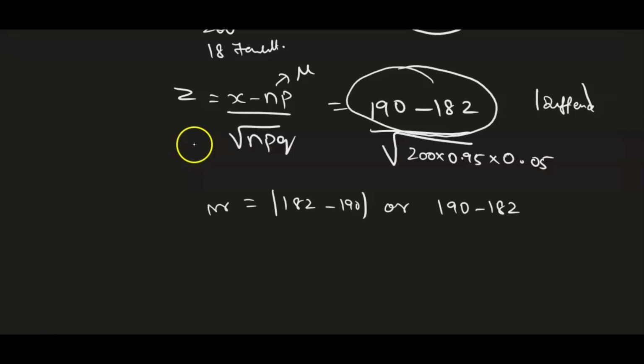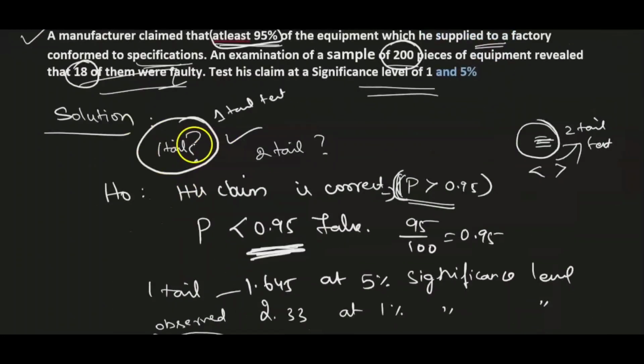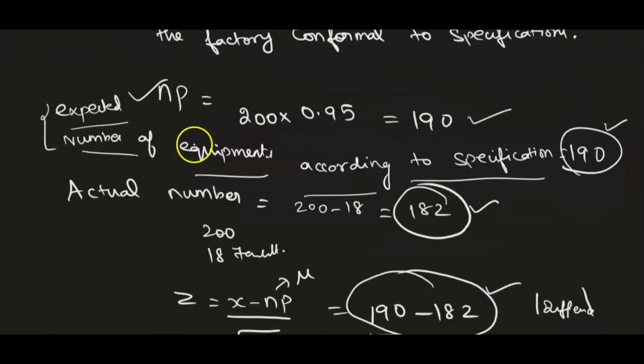So this is the numerator. I will write Z is equal to X minus NP, that is 190 minus 182 is the numerator. I will write 8, divided by the square root of everything. If you calculate, you will get 3.082. So this is 2.6. They've asked us to check at both 1% and 5% significance level.